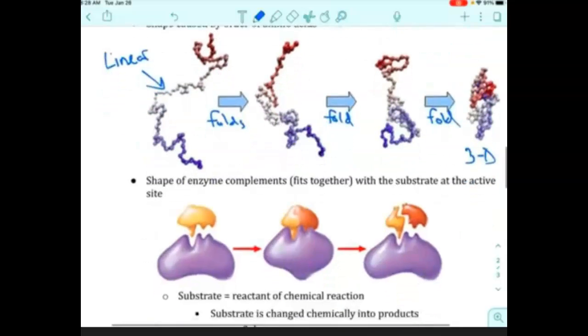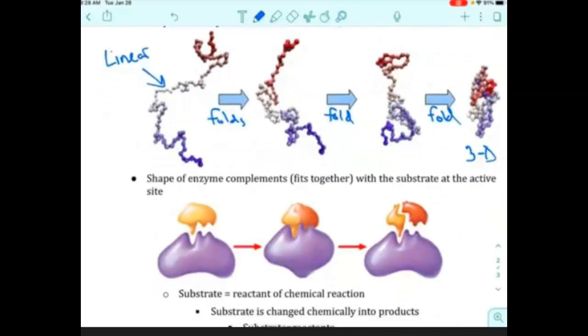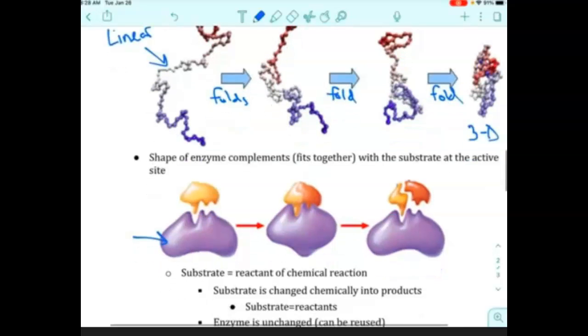Okay? And so down here below, this is just another way of representing an enzyme. And if we could, let's label down here this purple molecule. That's our enzyme.